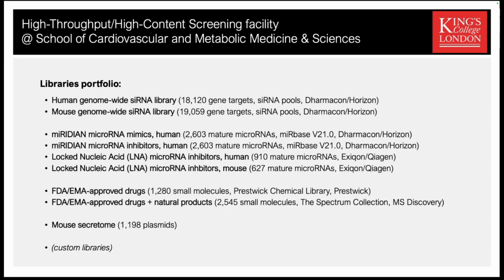Or even more interesting, if we have a gene set of interest derived from RNA-seq, single-cell-seq, microRNA, target identification, whatever, we can just cherry pick these genes of interest and screen only those. So this is what we can do. And of course, if there is interest in other libraries, we can also buy them and screen them for specific purposes.